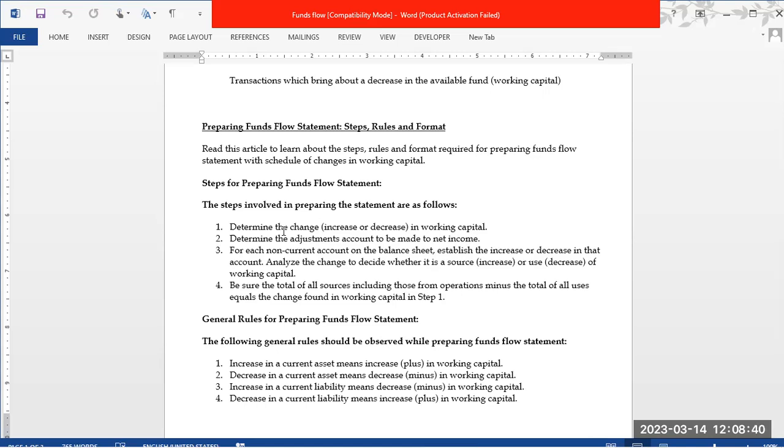That is the first step when we are preparing a fund flow statement.